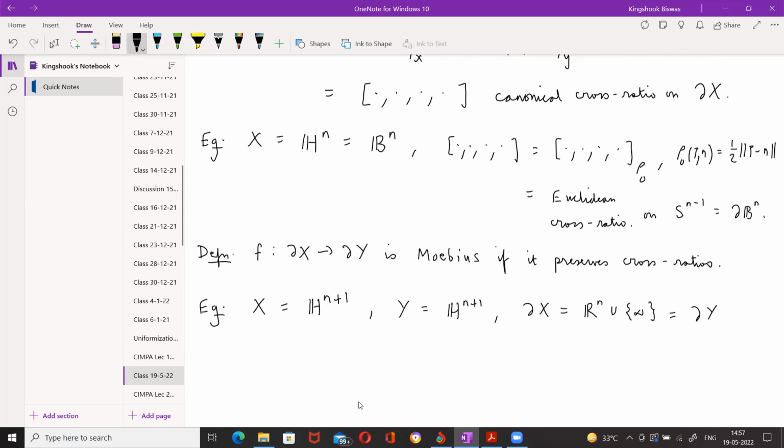So Mobius map is just a usual Mobius map of R^n union infinity. Okay. So it's an element of the Mobius group of R^n union infinity, which is the group generated by reflections and inversions.